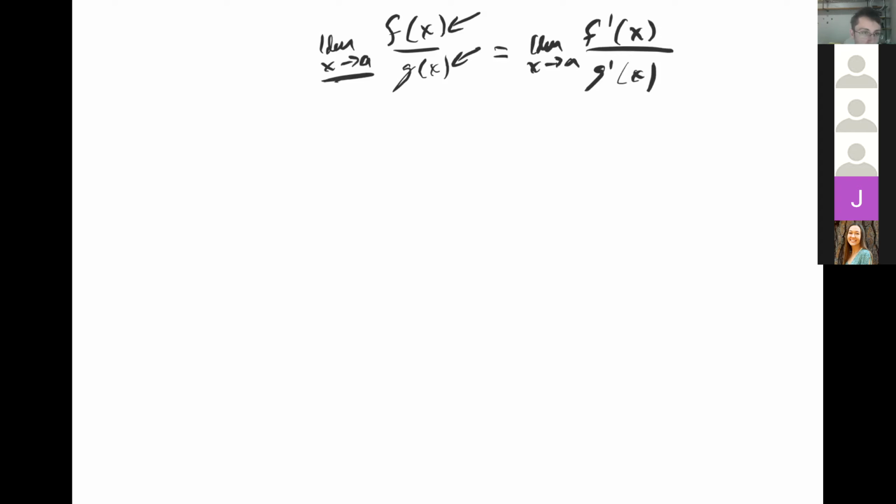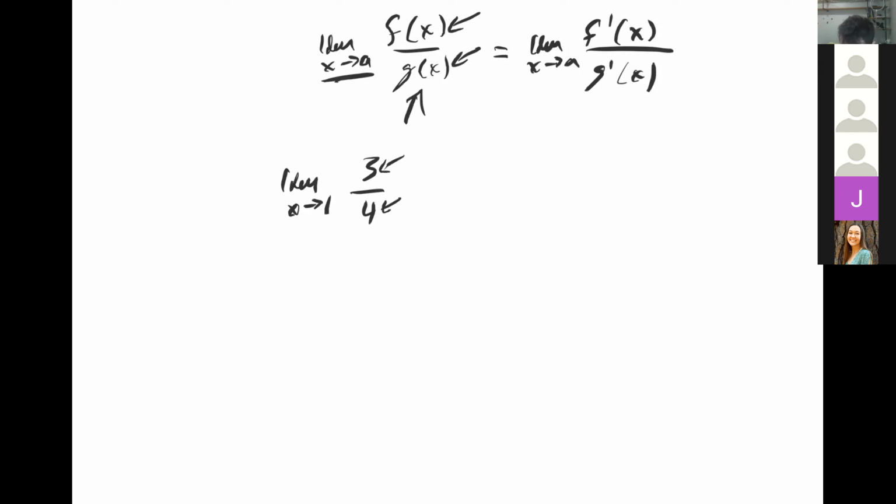One thing that many students screw up about this method is remembering that the top and bottom must go to 0 or infinity. If not, here's a counterexample for how L'Hopital's rule breaks. So consider the function 3 over 4 as limit as x goes to 1. Of course, these are constant functions, so it doesn't matter what x goes to.